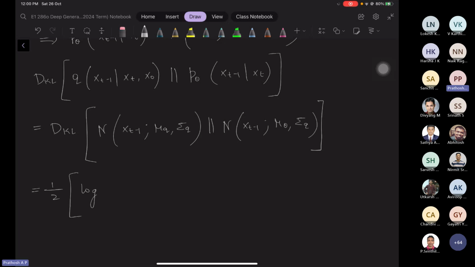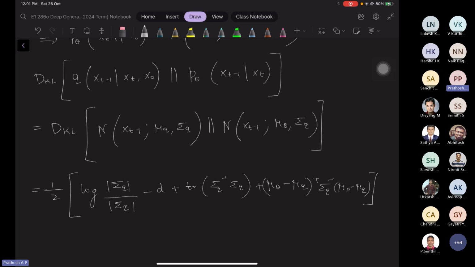It is given by half of log determinant of sigma q, minus d, where d is the data dimensionality, plus trace of sigma q inverse sigma q, plus mu theta minus mu q transpose, the quadratic form sigma q inverse, mu theta minus mu q.